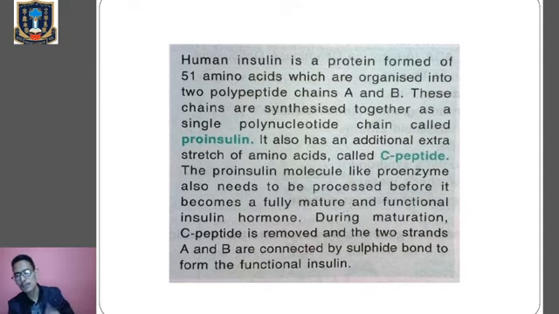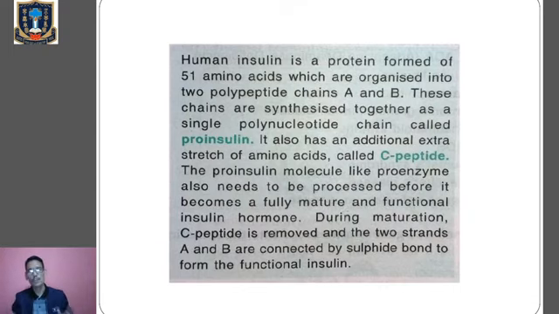So during maturation, during processing, that extra stretch of amino acids, that is the C peptide, will be removed. Clear? So the extra C peptide chain will be removed, and the two strands, that is polypeptide chain A and polypeptide chain B, will be joined together with the help of disulfide bonds to form the functional insulin.